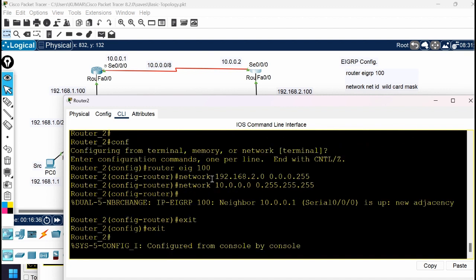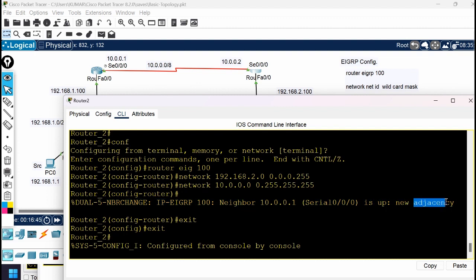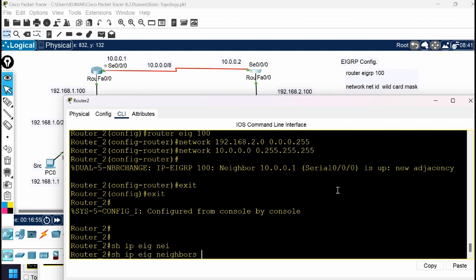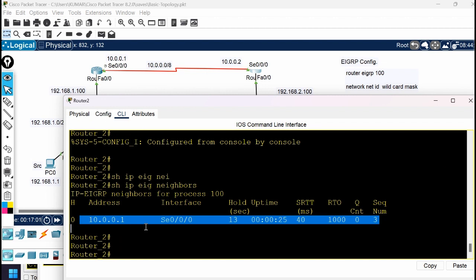The moment we configured this network, see, it means your EIGRP neighbor is up, new adjacency. Adjacency in the sense, new neighbor. Now, if I verify here with show IP EIGRP neighbor, definitely you will be able to see there is one neighbor in this router. This is my neighbor 10.0.0.1.